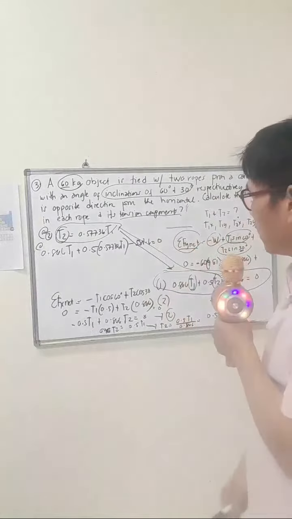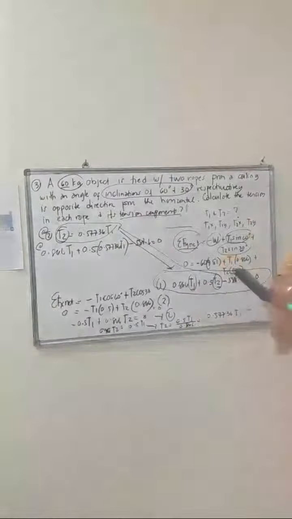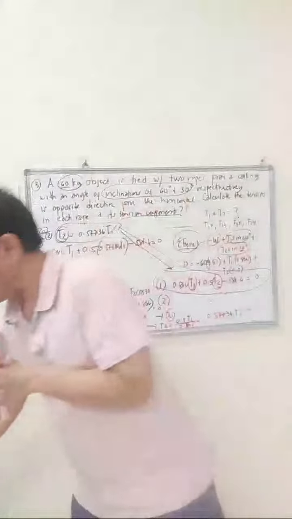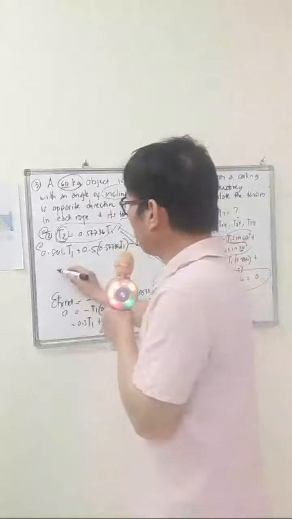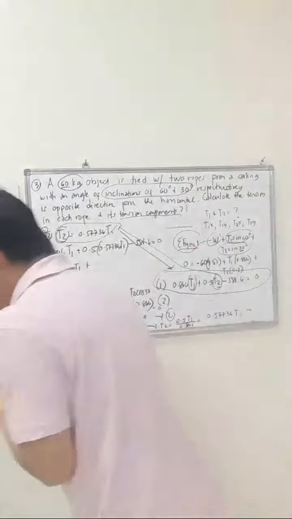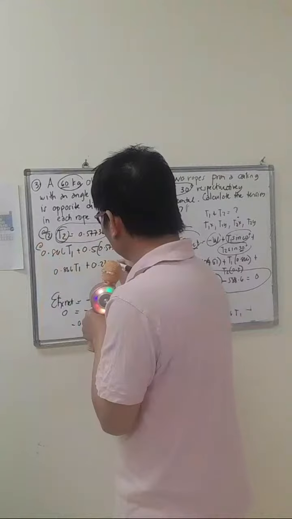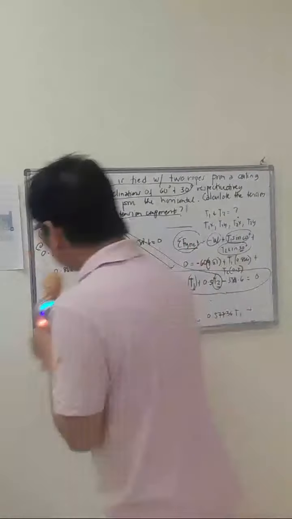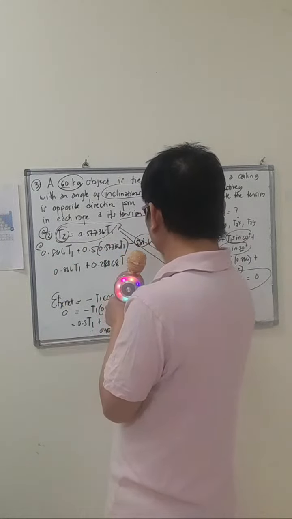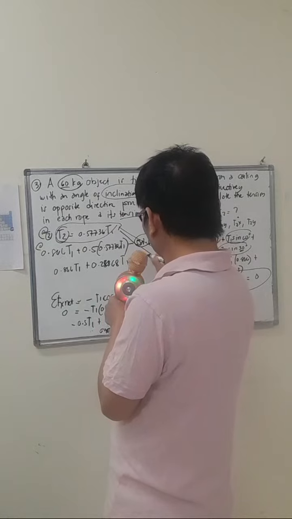Then solve for T1. You can easily use the same variable already, T1. So 0.57736 times 0.5 is equal to 0.28868. It's going to be 0.866 T1 plus 0.28868 T1 is equal to, transposing 588.6 to the right, it will become positive 588.6.